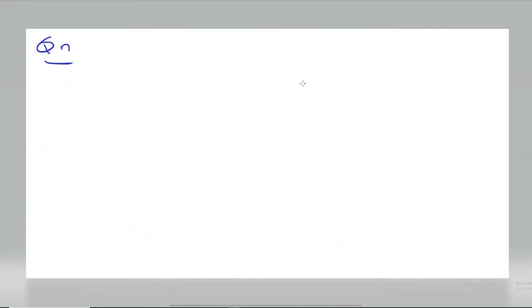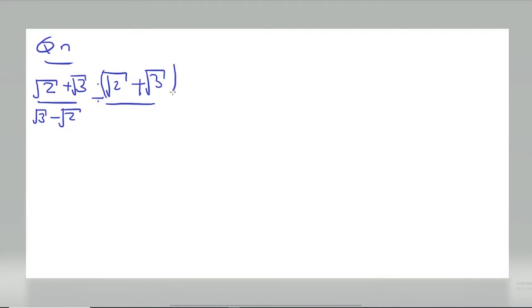Assume you are given this: 2 under root plus 3 under root over 3 under root minus 2 under root, now divided by 2 under root plus 3 under root over, there is a bracket here, and here, and here, this one over under root of 3 minus under root of 2.